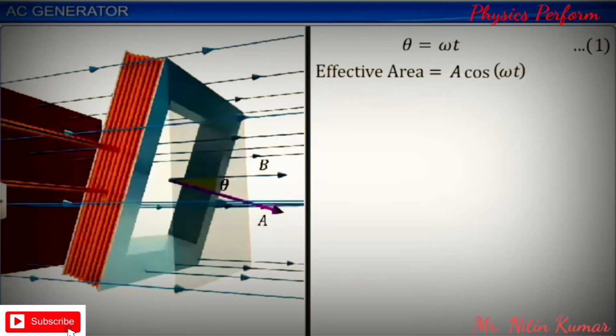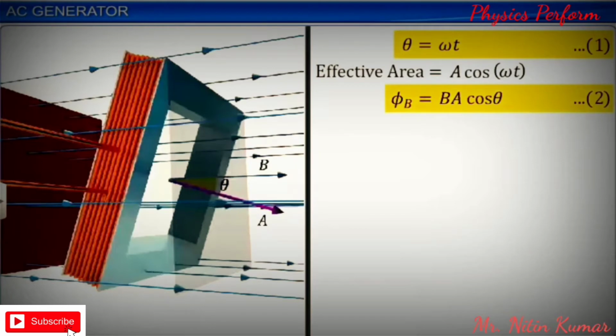The flux induced in the coil at any instant of time is given by the equation phi B is equal to BA cos theta. Let this be equation 2. On substituting equation 1 in equation 2 and simplifying, we get the equation phi B is equal to BA cos omega t.